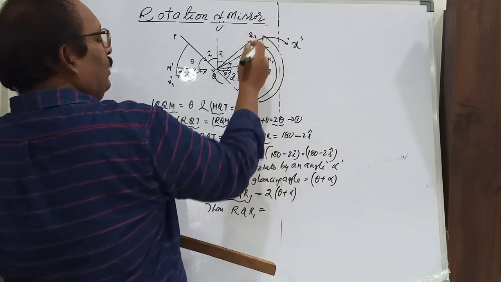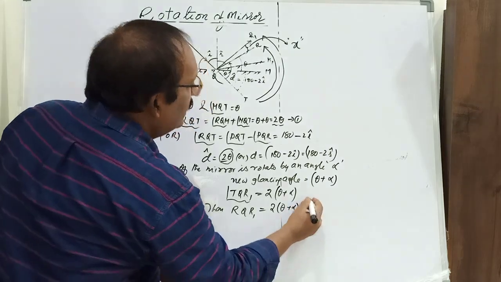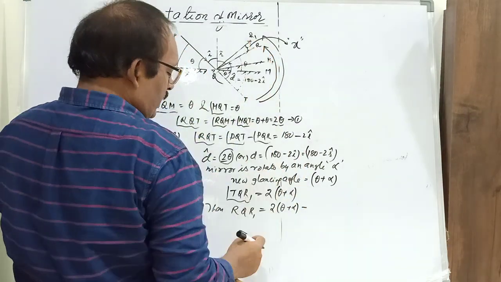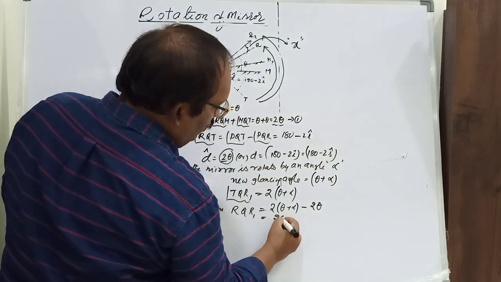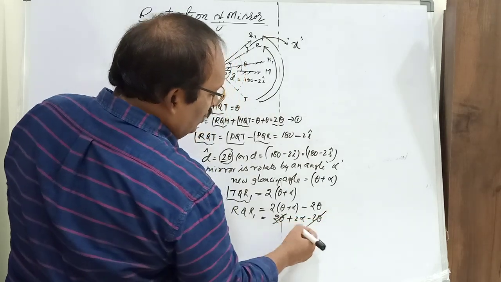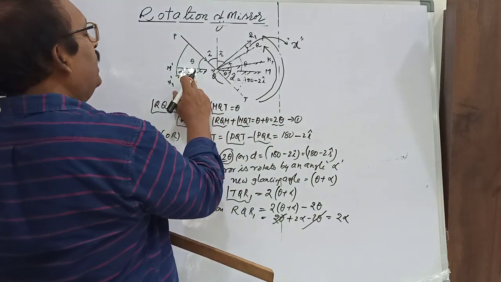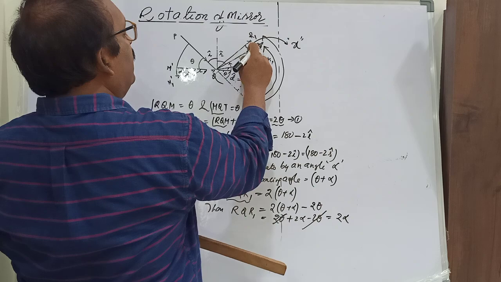The total is 2 into theta plus alpha, minus the earlier deviation, which was 2 theta. So this must be equal to 2 theta plus 2 alpha minus 2 theta. So this 2 theta cancels. The answer will be alpha.